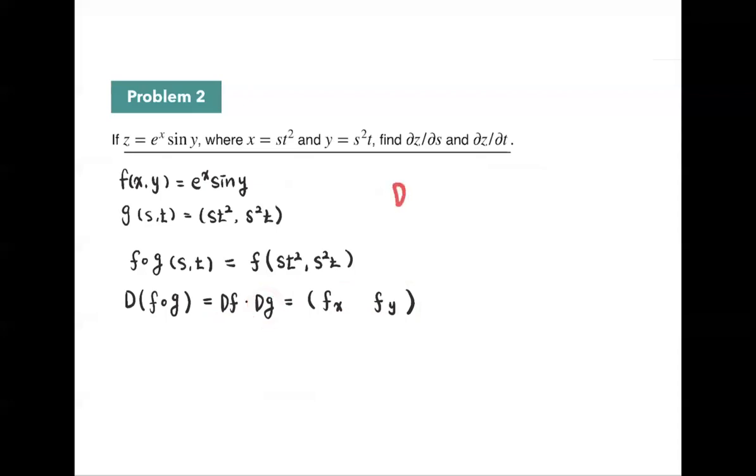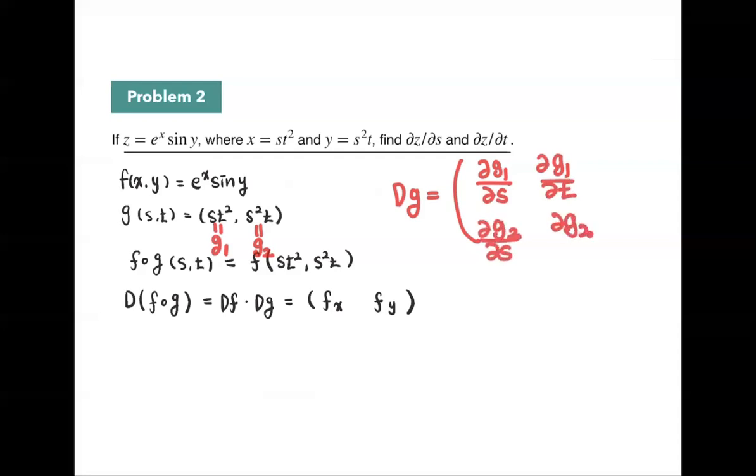Okay, this is the matrix, like if we say it is the first function and it is the second function, then it is dz1 ds and dz1 dt, and this is dz2 ds and dz2 dt, okay?